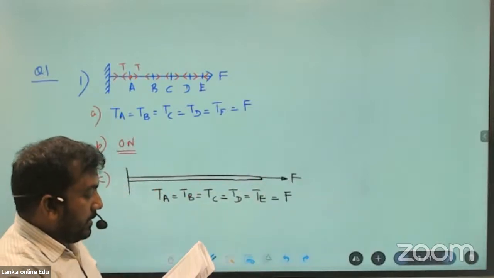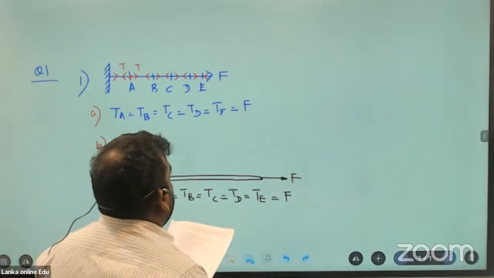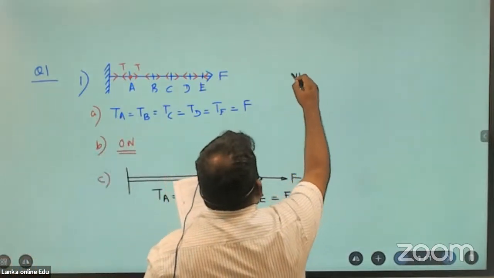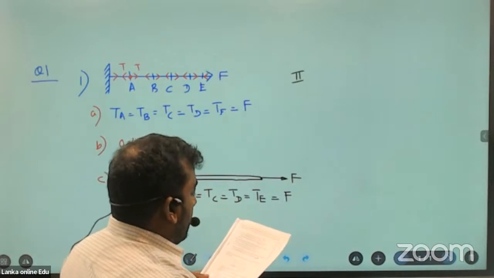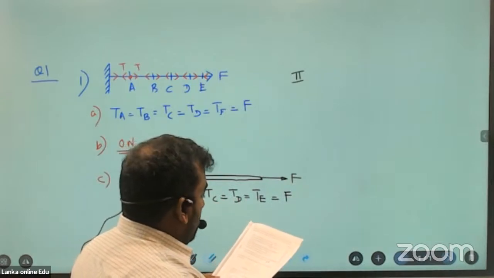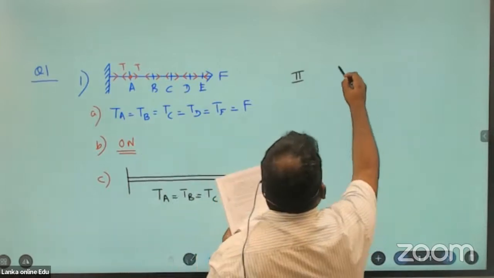This is horizontal. Then comes the vertical part. Roman 2: when the string is kept in the vertical position, the vertical force is applied to the lower end.